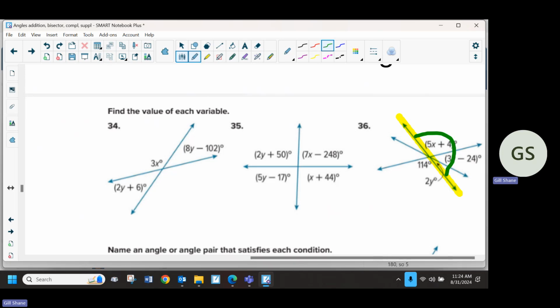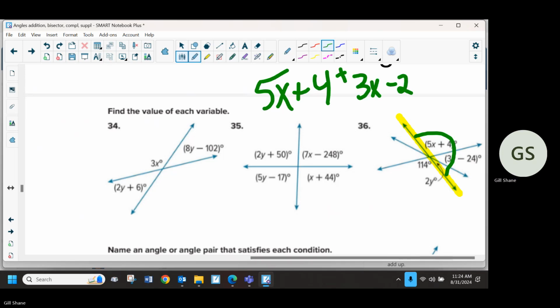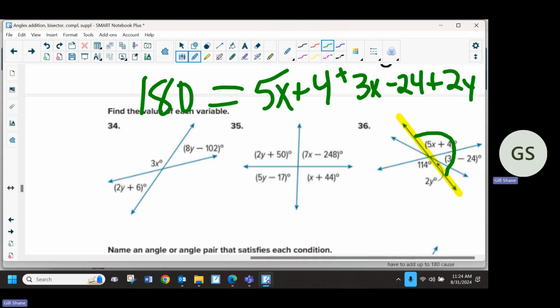So 5x plus 4, 3x subtract 24, and then plus 2y, which we wouldn't be able to solve, not yet at least, but those have to add up to 180 because they all sit on that yellow line. They make that yellow line basically.